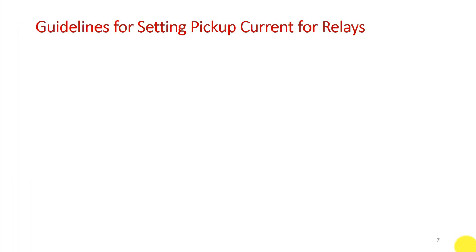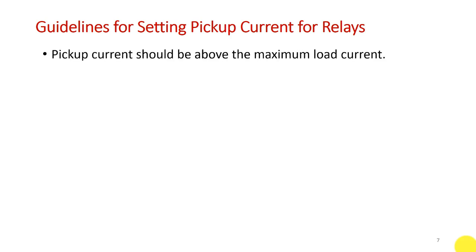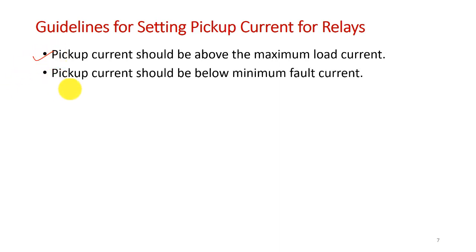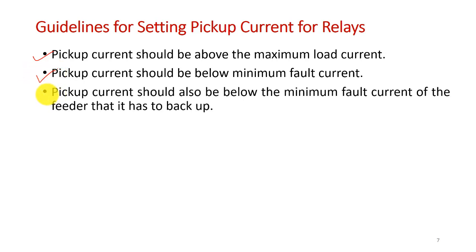So, guidelines for setting pickup current for relays. First, pickup current should be above the maximum load current. And pickup current should be below the minimum fault current. Your pickup current should also be below the minimum fault current of the feeder that has to be backed up.